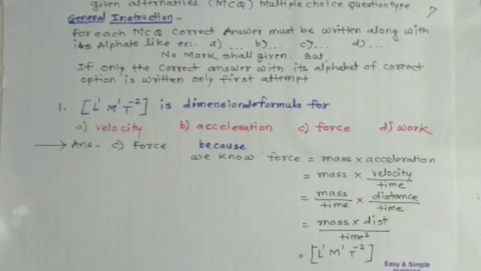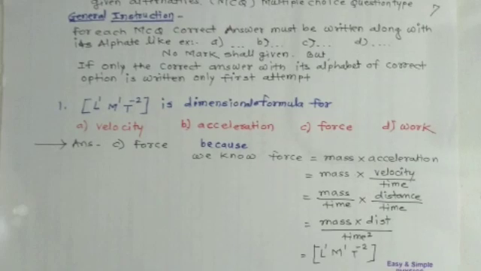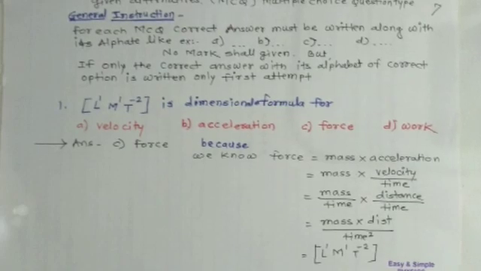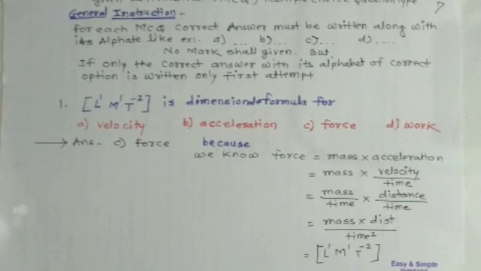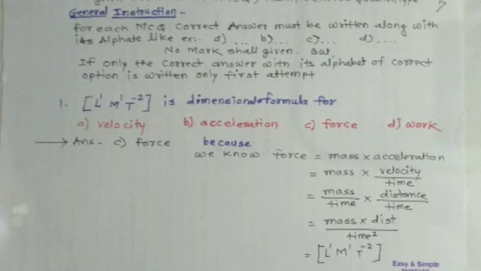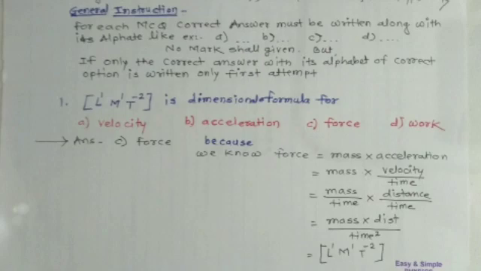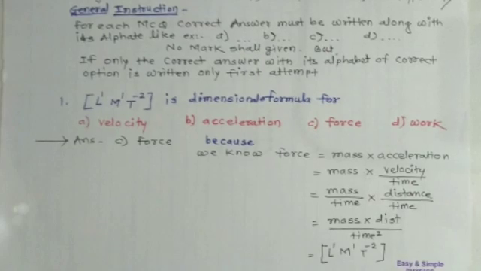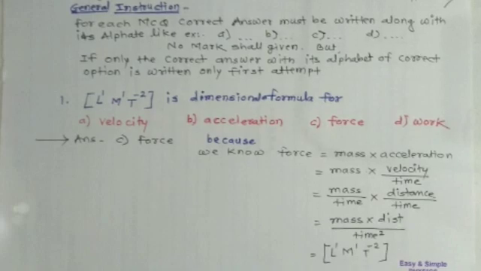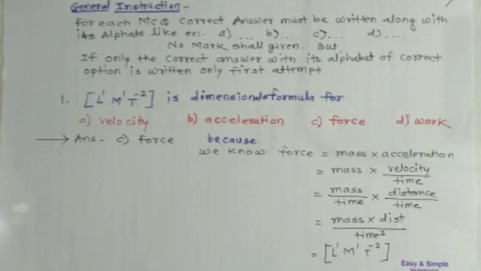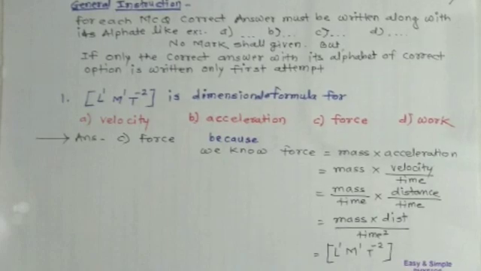Your correct answer is option C, force, because force is equal to the product of mass and acceleration, which is mass into velocity upon time, which is mass upon time multiplied by distance upon time. So mass into distance upon time square. Therefore, square bracket L raised to 1 M raised to 1 T raised to minus 2 square bracket complete is force.